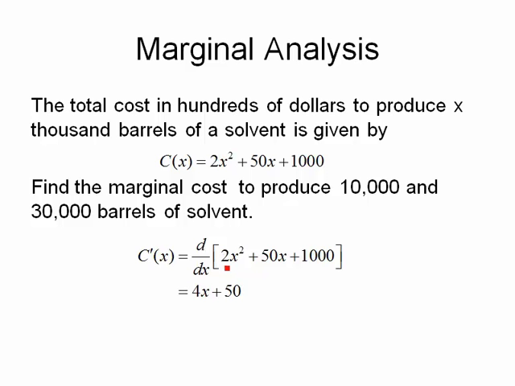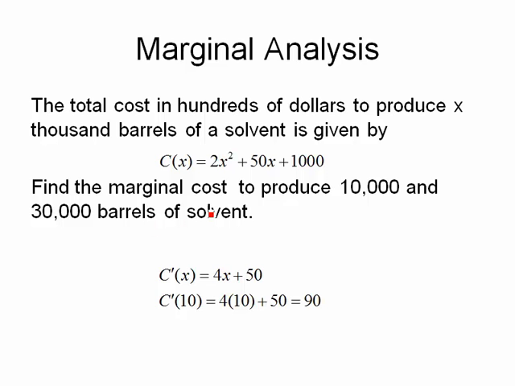So the derivative of 2x squared is going to be the derivative of x squared, which is 2x, times the 2, which gives me 4x. The derivative of 50x is going to be the derivative of x, which is 1, times 50, which gives me 50, and 1,000 is a constant, so when I take its derivative, it's going to be 0. C prime of x, the derivative of the cost function, is 4x plus 50.